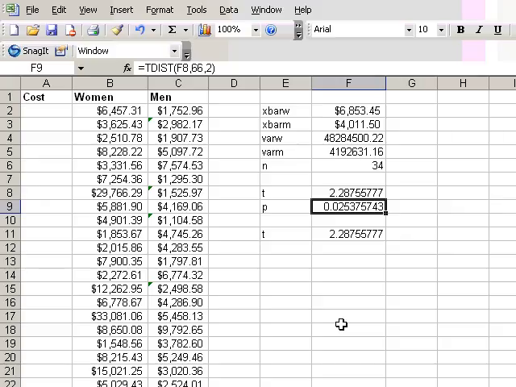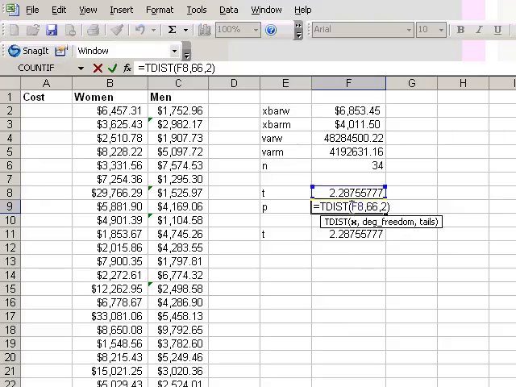The reason is that probability says there are 66 degrees of freedom, or 33 degrees of freedom for the women and 33 degrees of freedom for the men. The true degrees of freedom for unequal variance comparisons is always less than n-1 for one group plus n-1 for the second group.